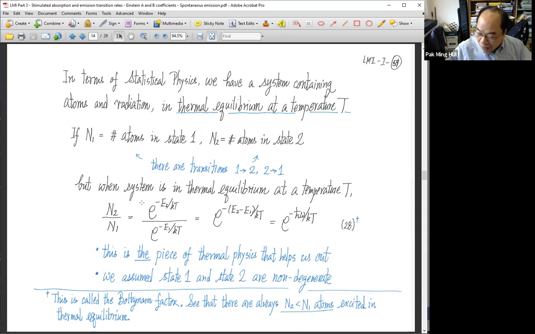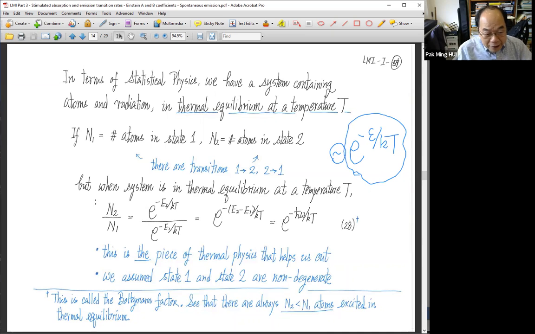The number of atoms in a state of energy E is proportional to exponential of minus that energy divided by kT. There may be a constant in front, but it doesn't matter. We have two levels, and we are looking for the ratio. So whatever constant in front, they will cancel off. So I only need to use this particular idea.